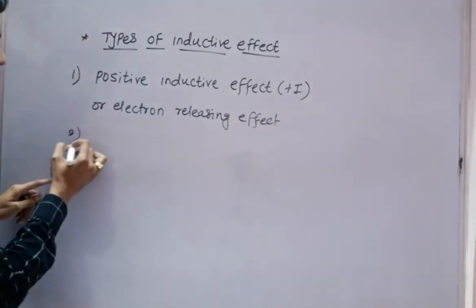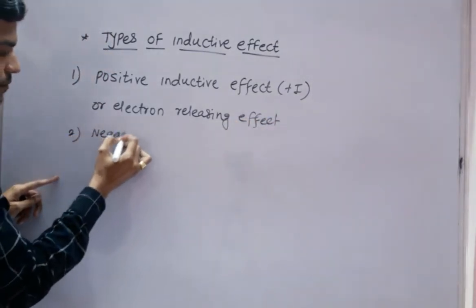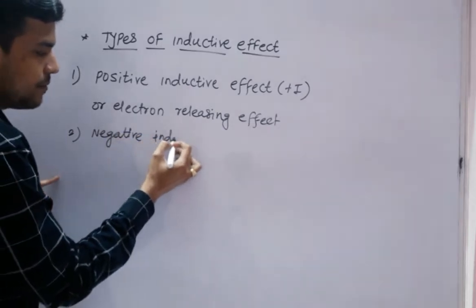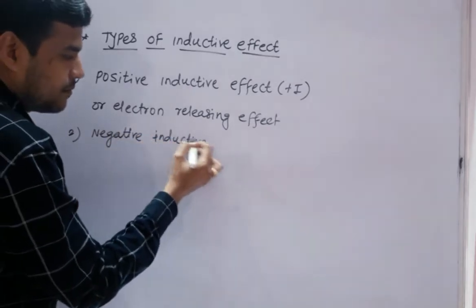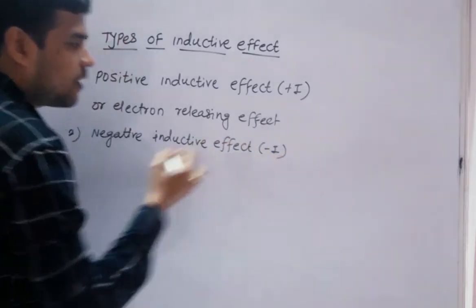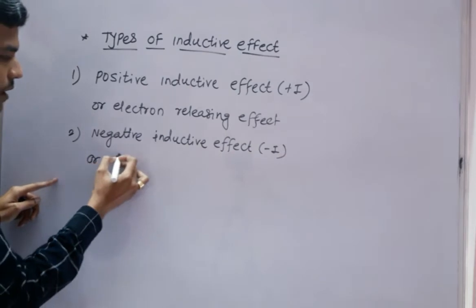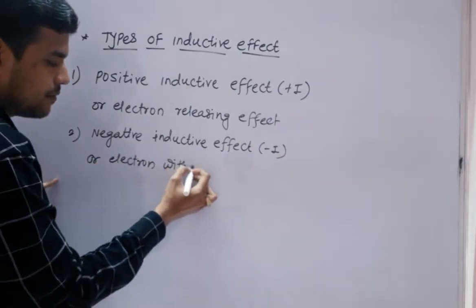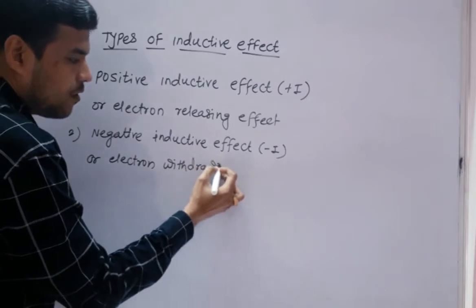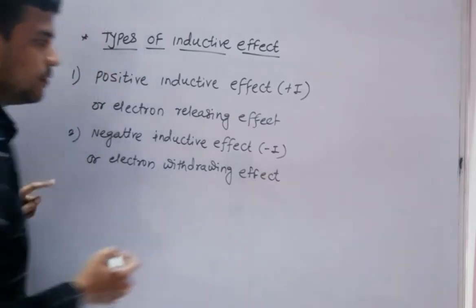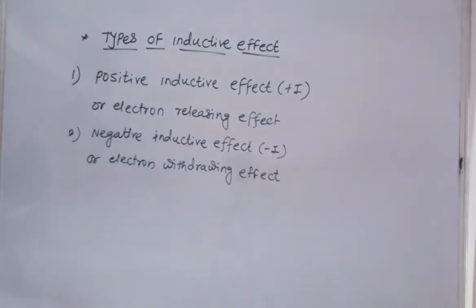And second is negative inductive effect. It is shown by minus I, or it is also called electron withdrawing effect. Note down these two effects. We will discuss these one by one.